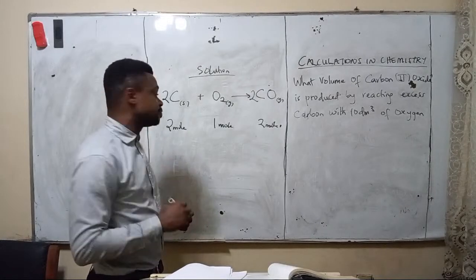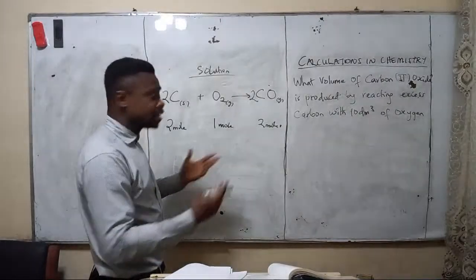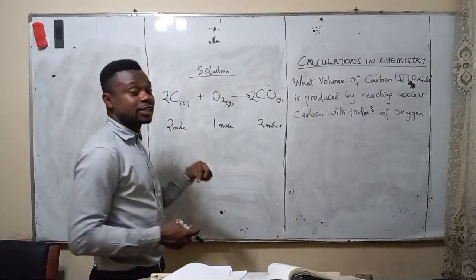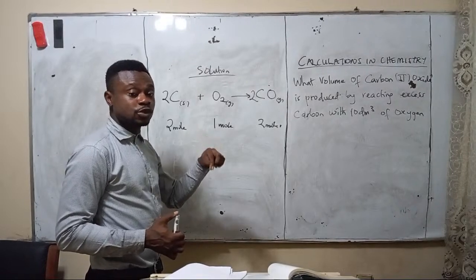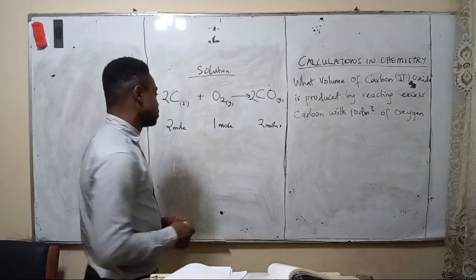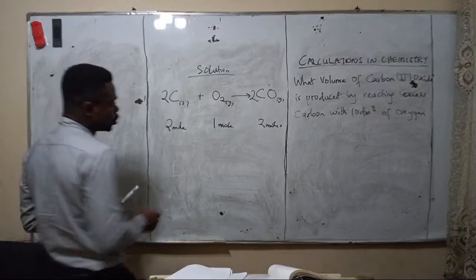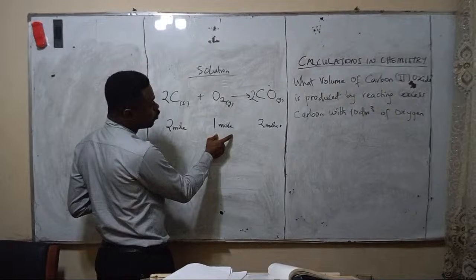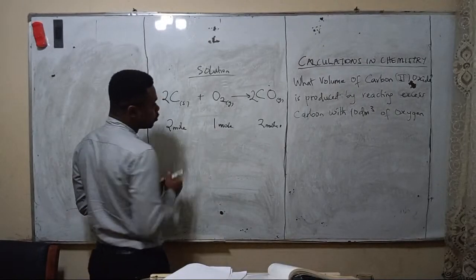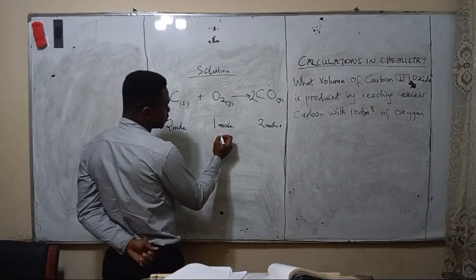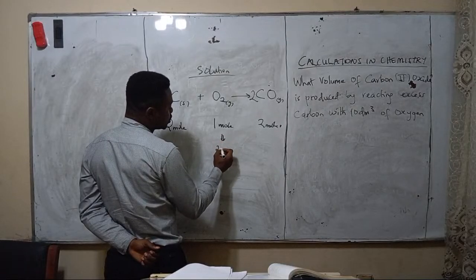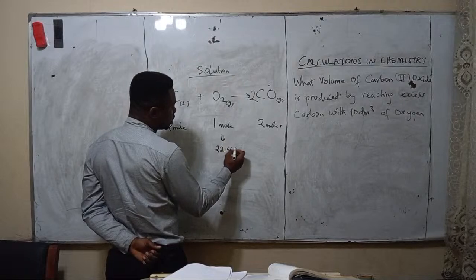Even though they didn't indicate, let's assume it's at STP. So since this is 1 mole, this now becomes 22.4 dm cube.